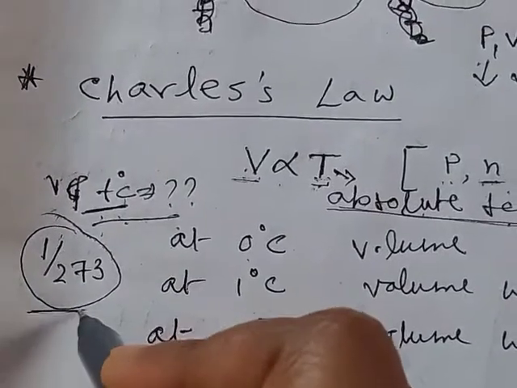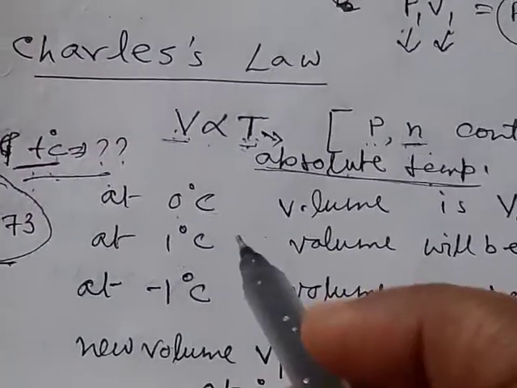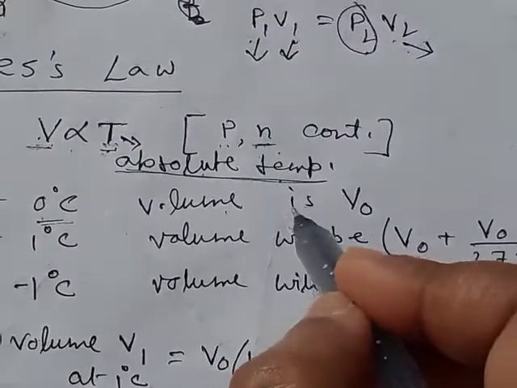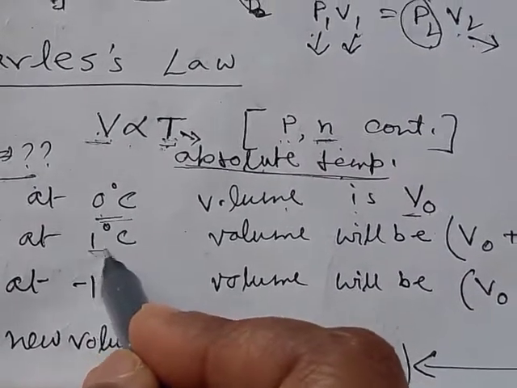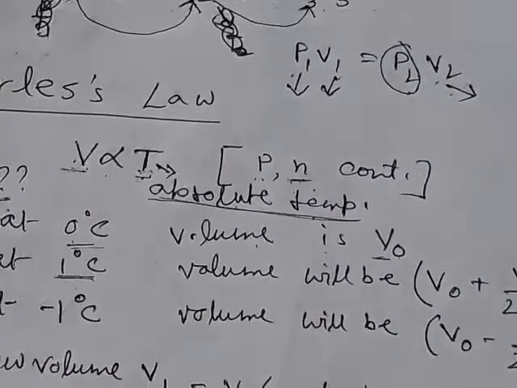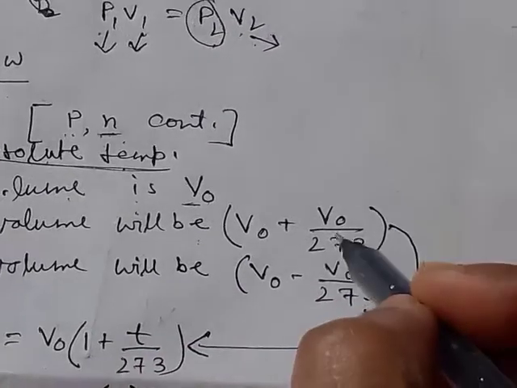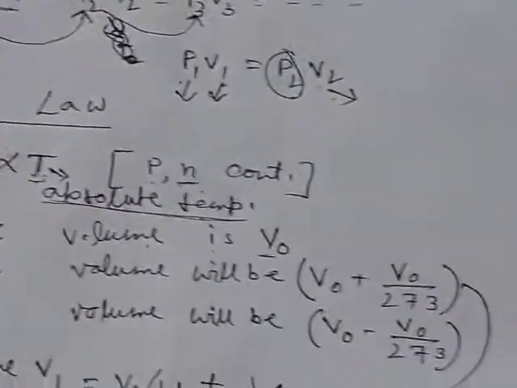That is, if at 0 degree centigrade the volume of a definite quantity of gas is V0, and we raise the temperature to 1 degree, the volume will rise by this factor 1 by 273 of its volume.